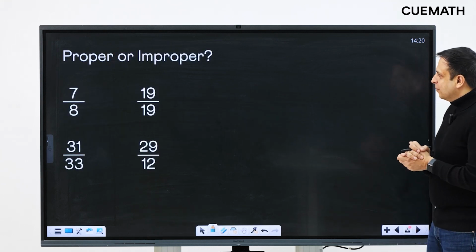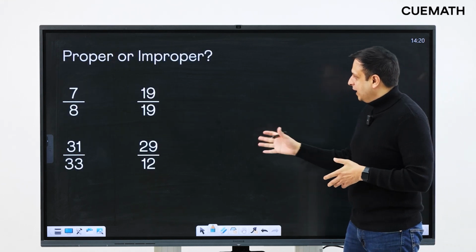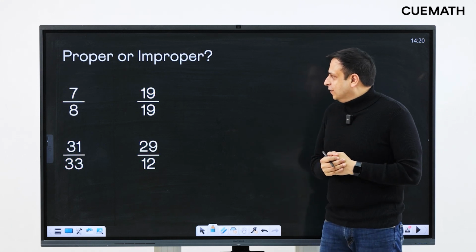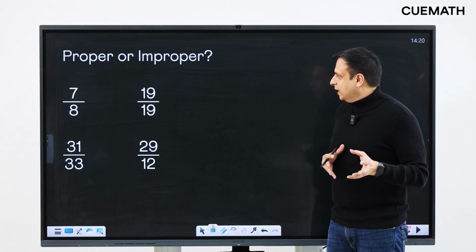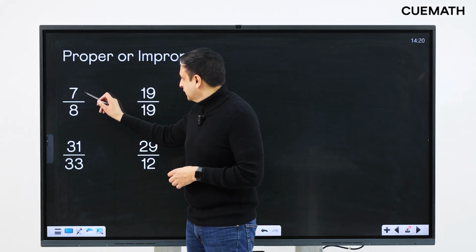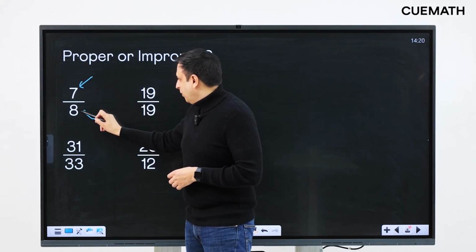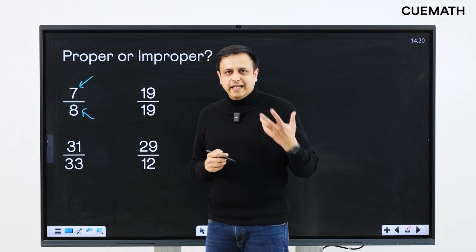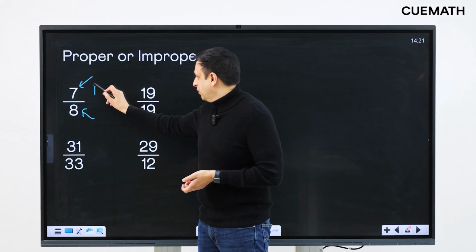Proper or improper? We have 4 fractions here, and it's asking us which one is a proper fraction and which one is an improper fraction. In this fraction here, the numerator is 7, the denominator is 8, the numerator is less than the denominator, so this is a proper fraction.